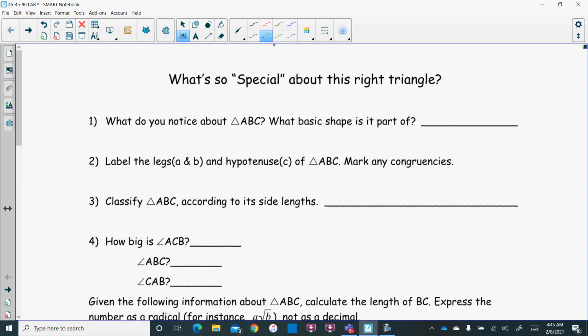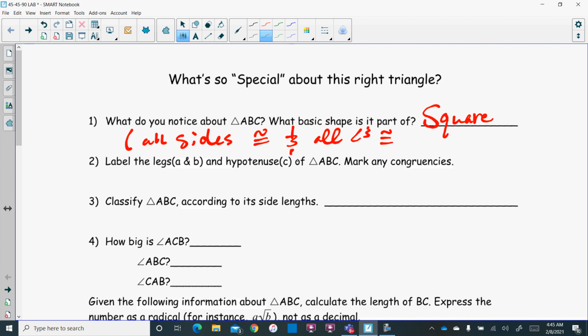Some things hopefully you recognize about a square is that it's a quadrilateral, meaning it has four sides. If it's a square, then you're going to have all sides congruent and all angles congruent.